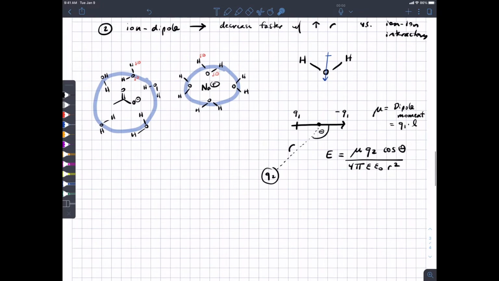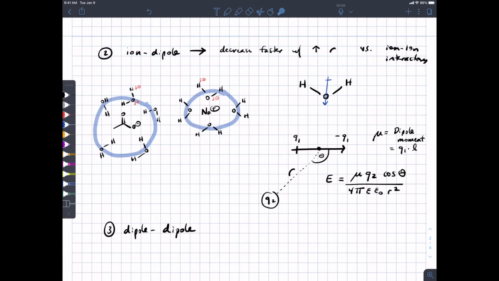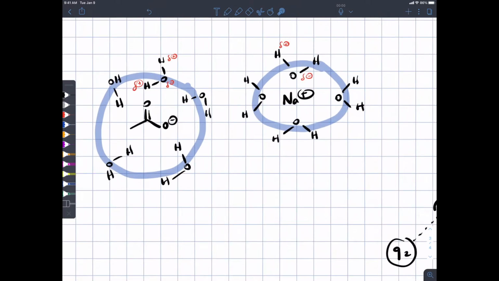I guess while we're dealing with this, we might as well deal with dipole-dipole interactions as well. And in both of these categories, ion-dipole and dipole-dipole, you can find something called hydrogen bonding. So as an example, here we have the electron poor end of the water molecule dipole closely interacting with the negatively charged oxygens of the acetate anion.